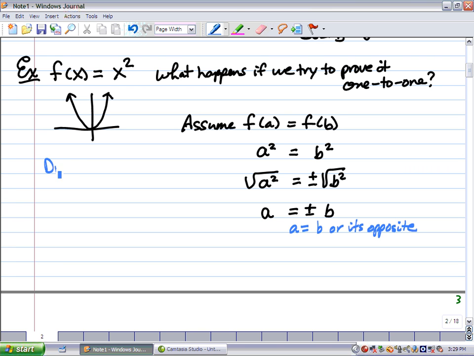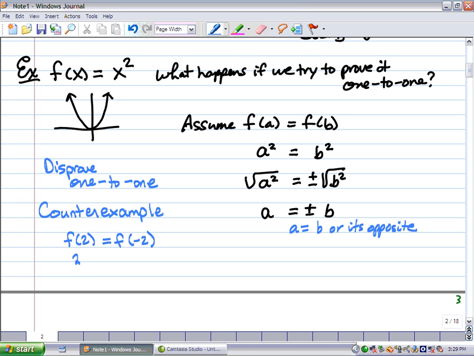How can I disprove one-to-one? The way that we disprove something is called a counterexample. We want to disprove something, we find a counterexample. So here's a counterexample: f of 2 equals f of negative 2.